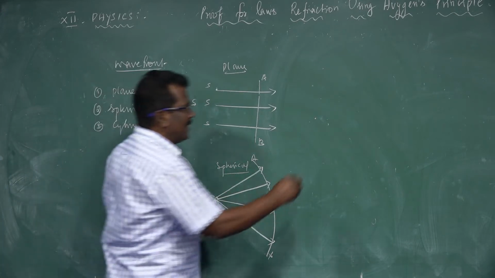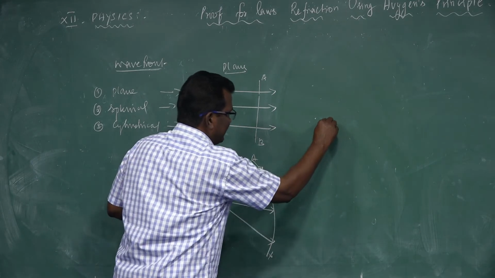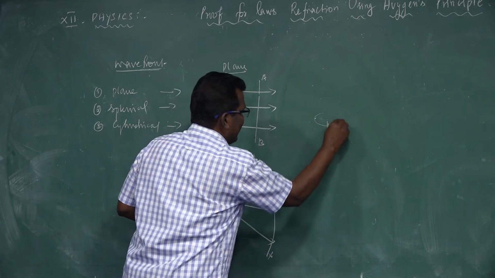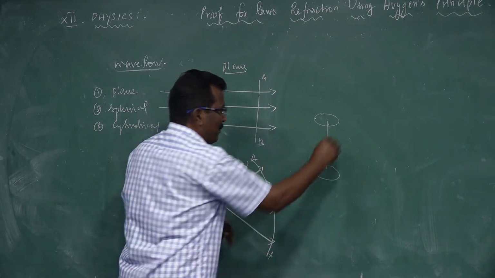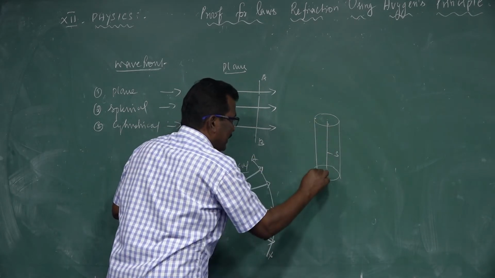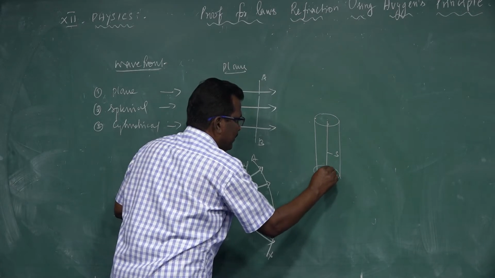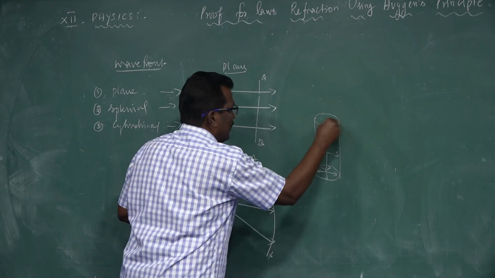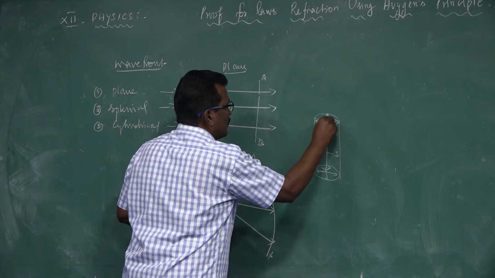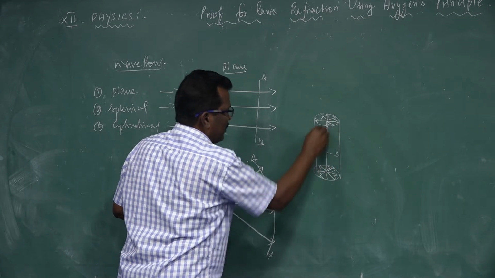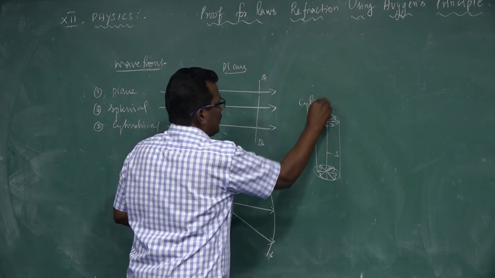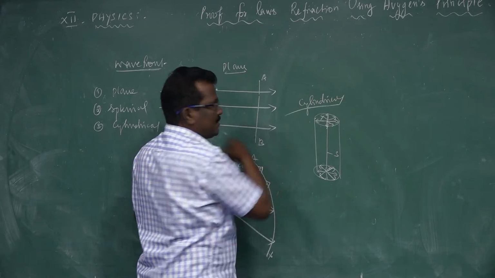Another one is cylindrical. A linear source of light produces a cylindrical wavefront.